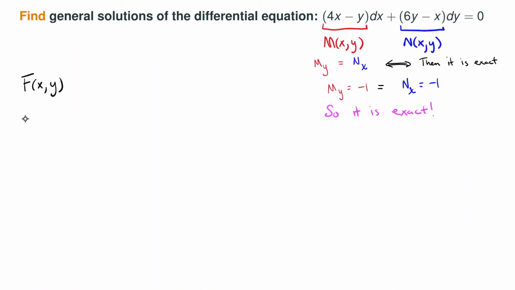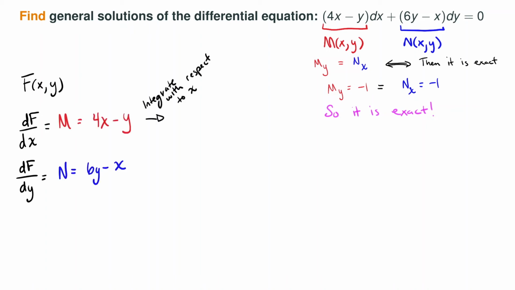If we took the partial derivative of F with respect to x, that would give us our M term. Similarly, if we took the partial derivative of F with respect to y, that will give us our N. Using that, we can determine the solution, capital F, a function of x and y, for this differential equation.